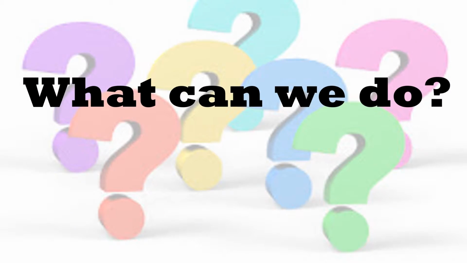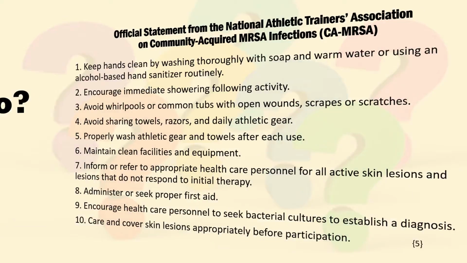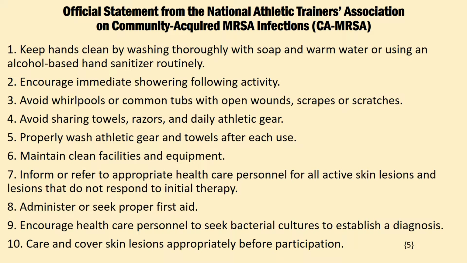What can we do? The official statement from the National Athletic Trainers Association on community-acquired MRSA infections was written as guidelines for athletes and athletic facilities, but contains many common sense suggestions we can use. And they are as follows.